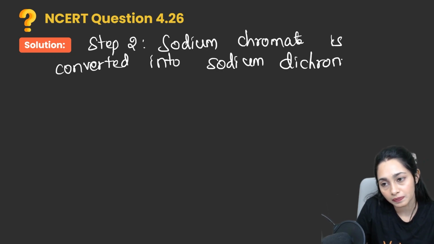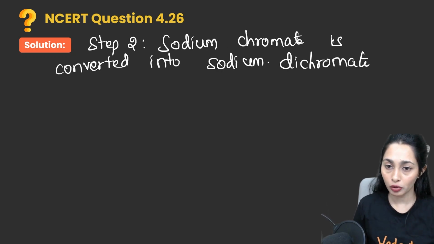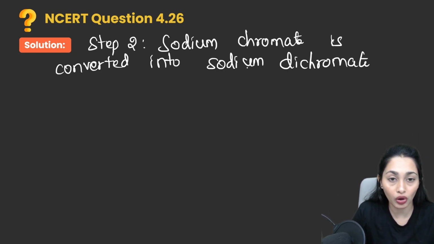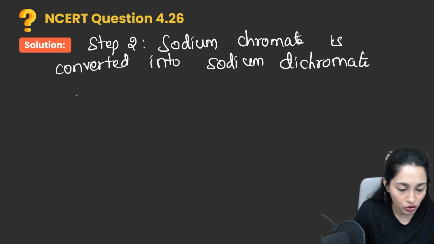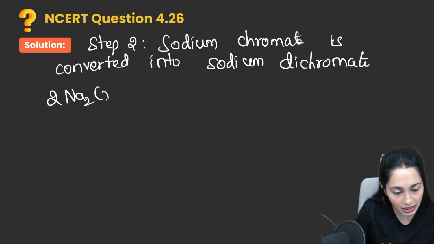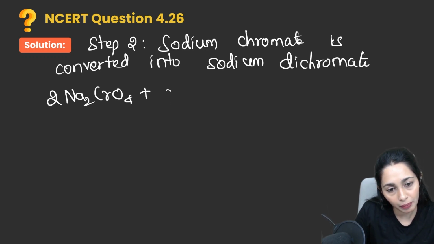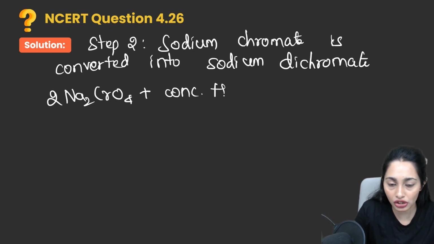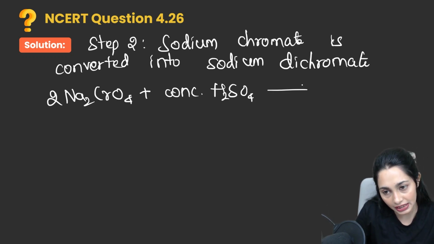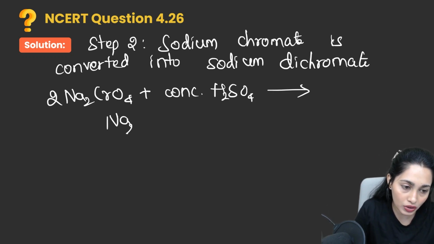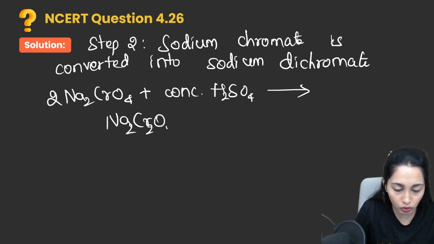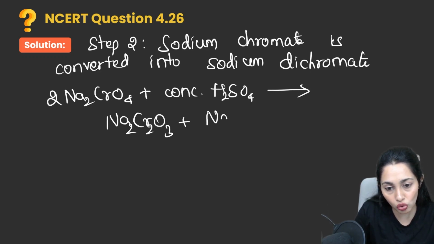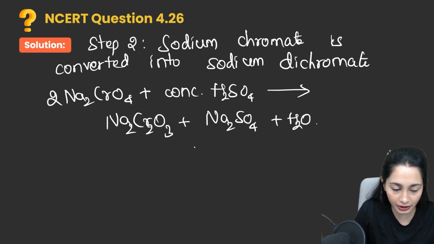We need to make sodium chromate react with concentrated H2SO4. So we'll take sodium chromate now, 2Na2CrO4, made to react with concentrated H2SO4, which will result in the formation of sodium dichromate, Na2Cr2O7, and we'll get sodium sulfate as one of the products, and water.